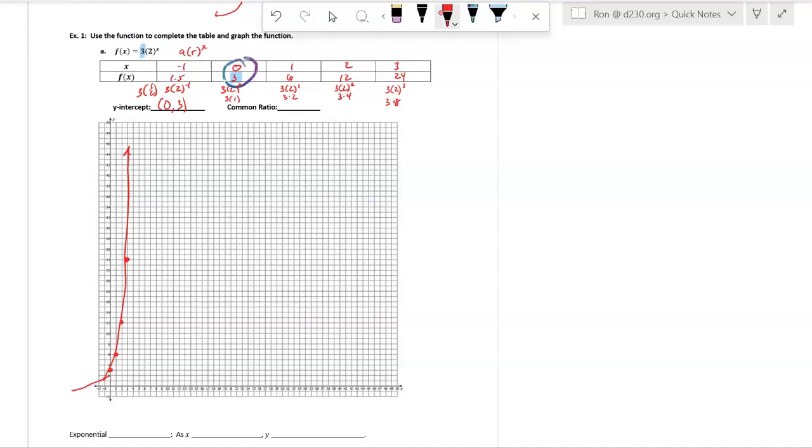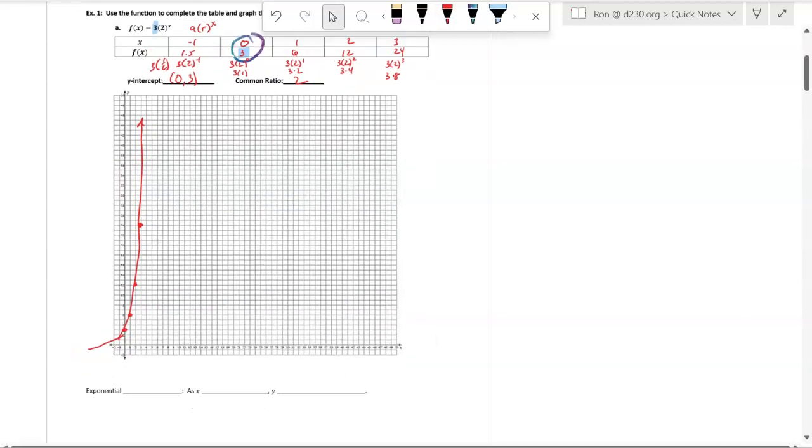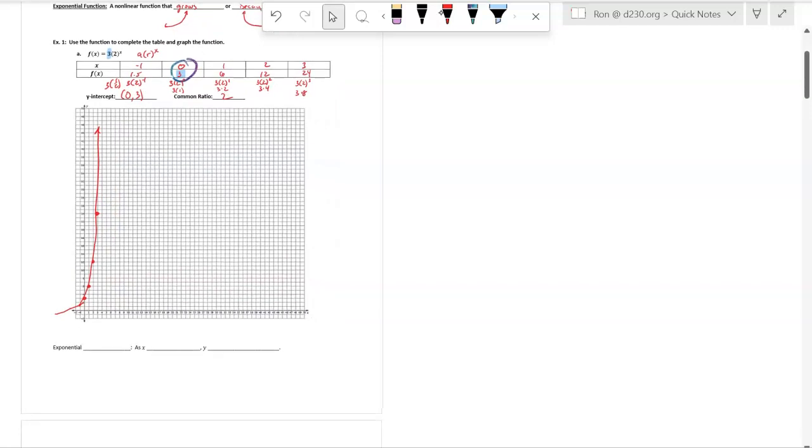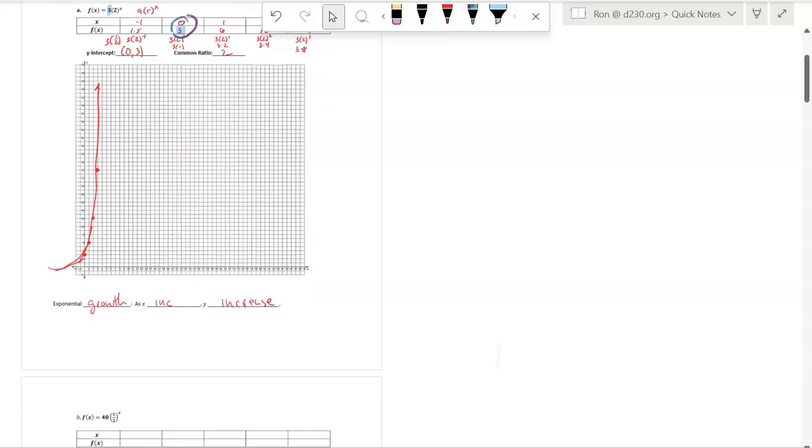So basically your common ratio is 2. Now notice here, this is exponential growth, and that's because from left to right, it's going up real quickly. So as x increases, or as we go to the right, y is increasing. As x gets bigger, y gets bigger.